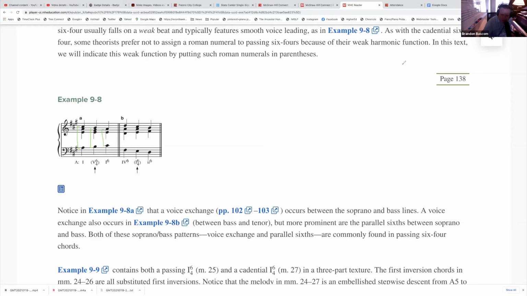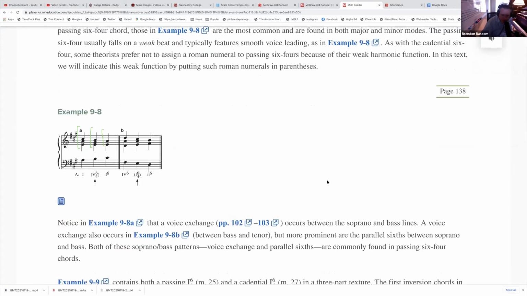Parallel 6ths between soprano and bass. Well, we're talking about B. I'm sorry. Yeah, the B has it. Sixth, sixth, sixth. Everybody hear him? All right.